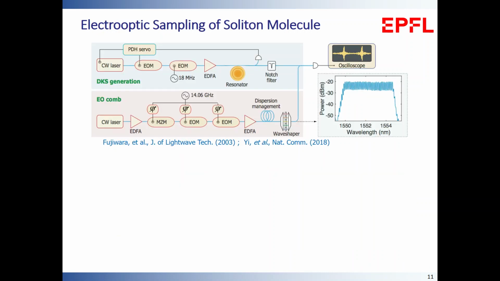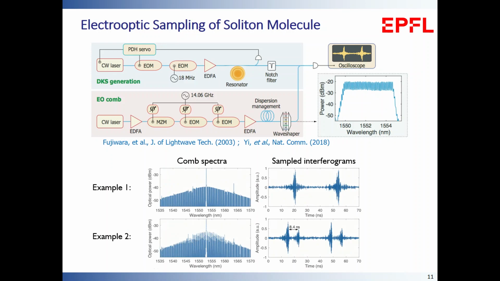Good. And this is the experimental setup for the imaging, and we use this technique to image the soliton dynamics. Essentially we use a different pulsed laser, and this pulsed laser is sampling the soliton comb, the solitons.